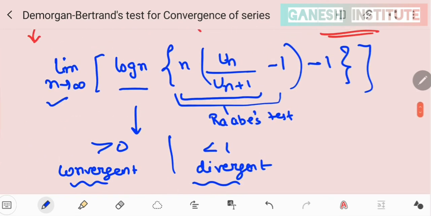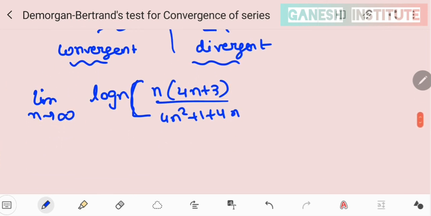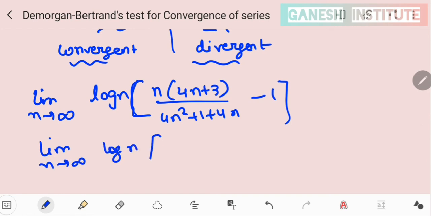In the denominator you have got this. Now you have minus 1 with minus 1 in the formula, right? So let's check what's the value which we are getting from here.